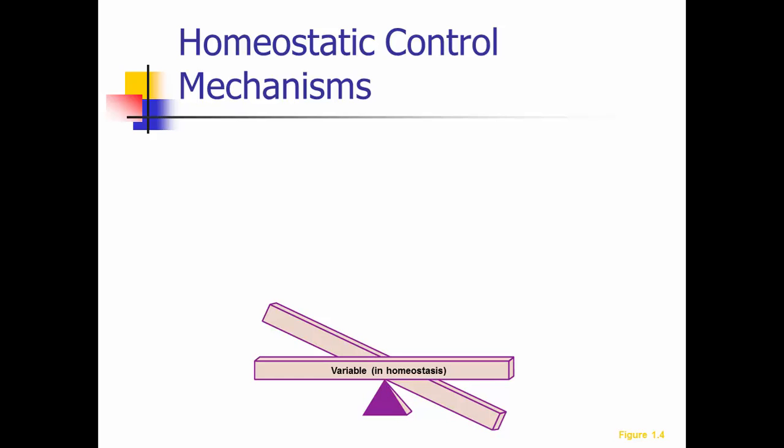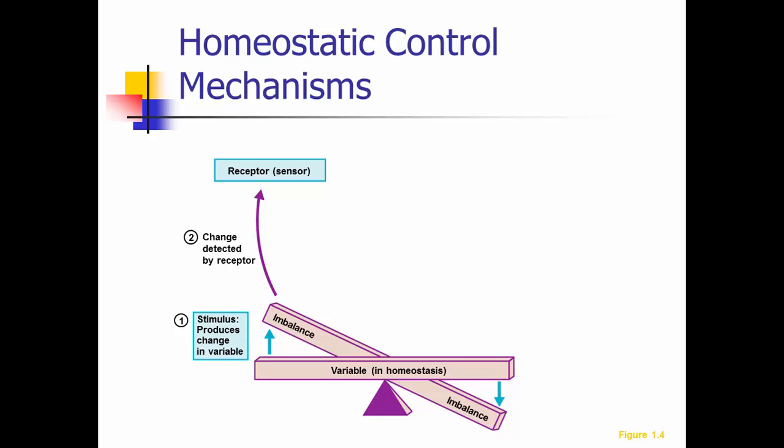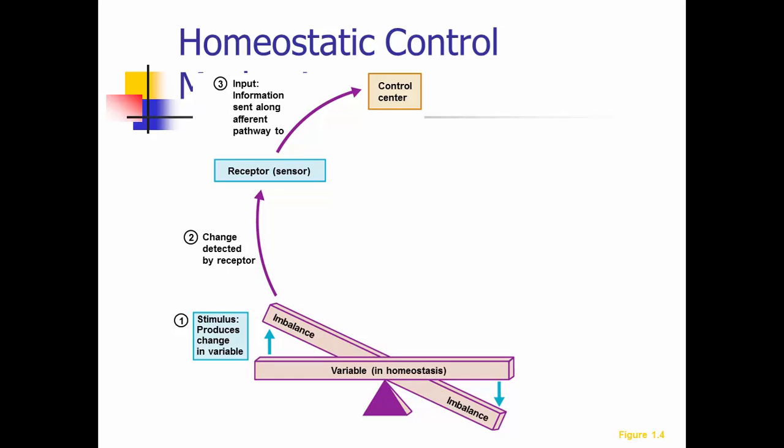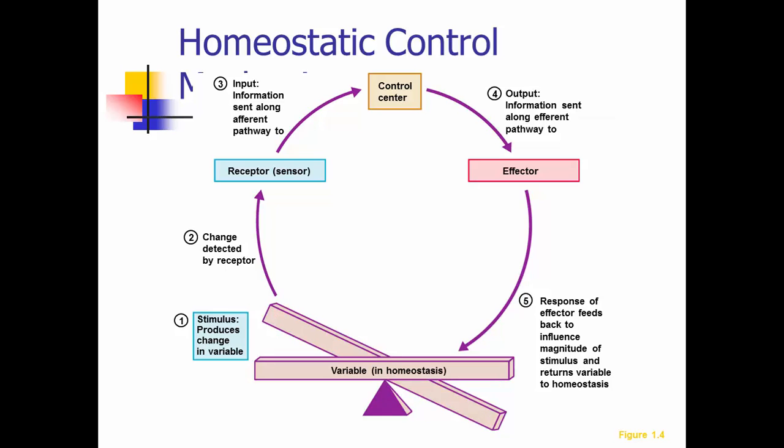So this is just going to be a series of pictures that are going to show you how this works in the human body. So there's some sort of stimulus. The stimulus is going to go into the receptor. The receptor is going to take it to the control center, say, what are we doing? The control center is then going to send the message to the effector, which is again a muscle or a gland, and we are going to try to get the body back into the norm, within that norm, whatever that set point is.